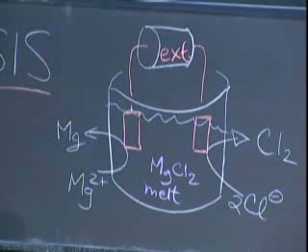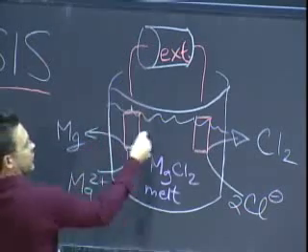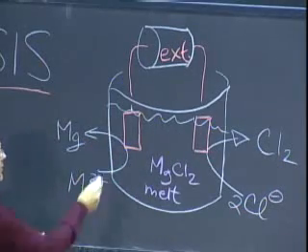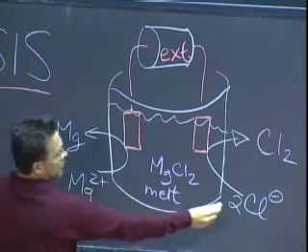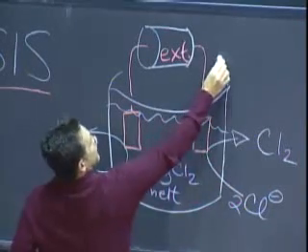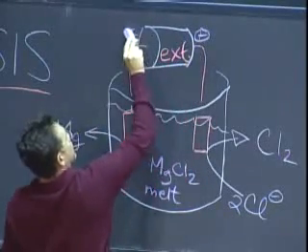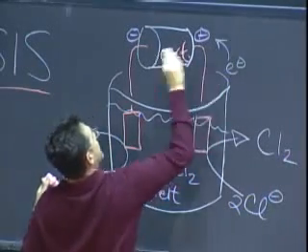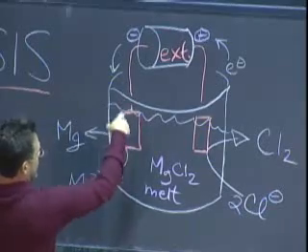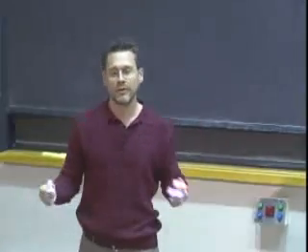So you initially would have this molten salt. You'd immerse your two electrodes. You'd apply an external potential, and if that potential is great enough, then these two reactions start taking place at the two electrodes. And you can see that in order for this to happen, chloride is being oxidized, and so this must be the positive electrode, and electrons will be going this way and going down here, and when they collect in this electrode on the left, they are used to reduce magnesium 2+ to liquid magnesium.